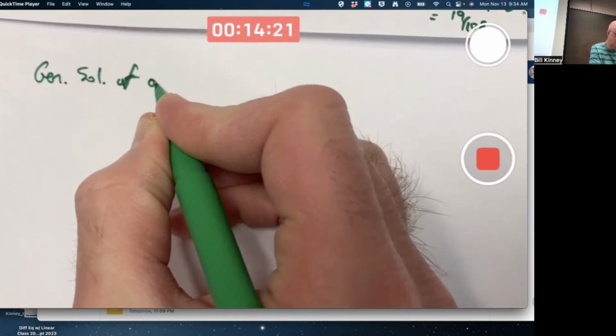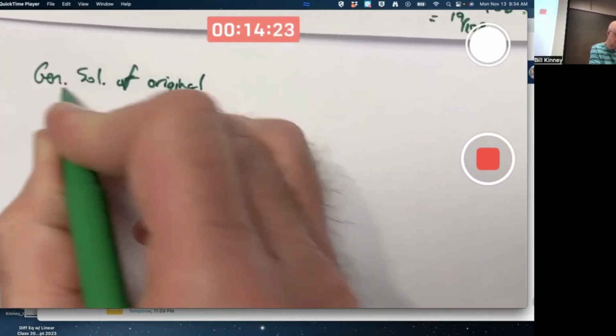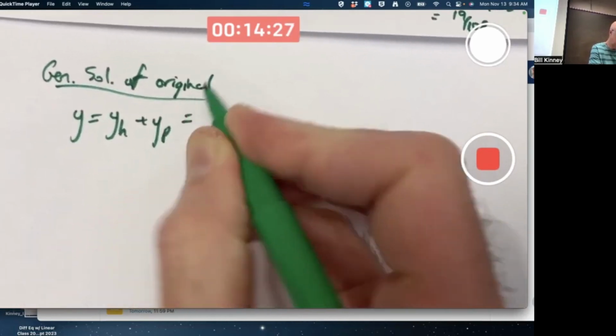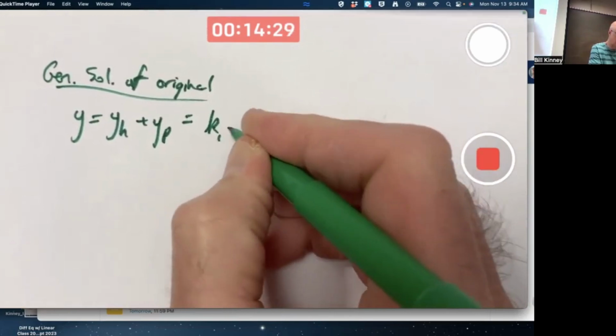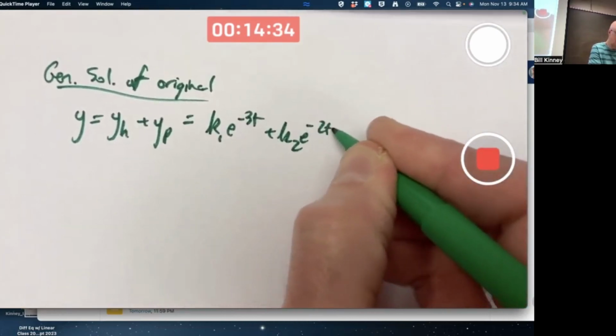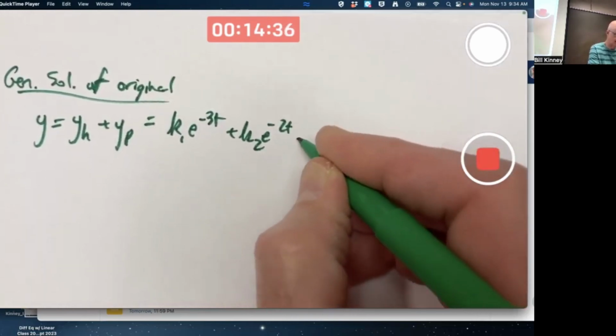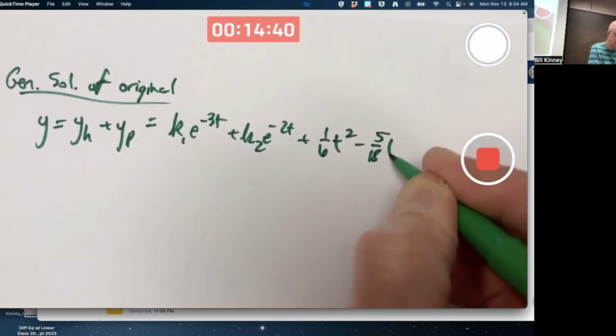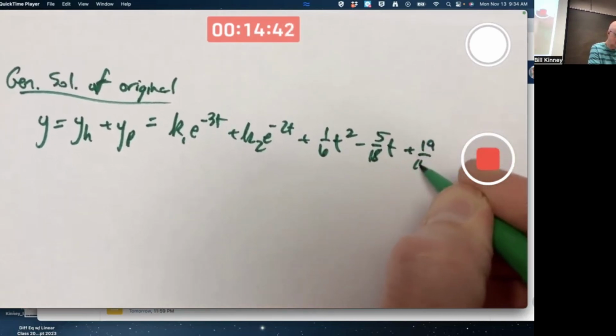General solution of the original Y is YH plus YP. So that'll be K1 e to the negative 3t plus K2 e to the negative 2t plus 1/6 t squared minus 5/18 t plus 19 over 108.